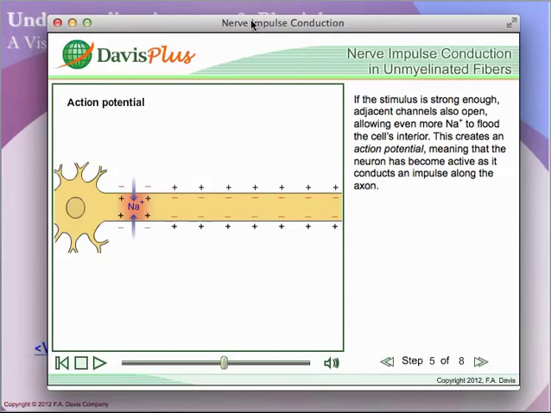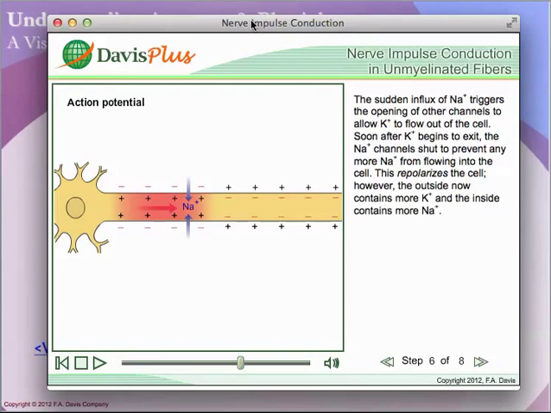If the stimulus is strong enough, adjacent channels also open, allowing even more sodium to flood the cell's interior. This creates an action potential, meaning that the neuron has become active as it conducts an impulse along the axon. The sudden influx of sodium triggers the opening of other channels to allow potassium to flow out of the cell.